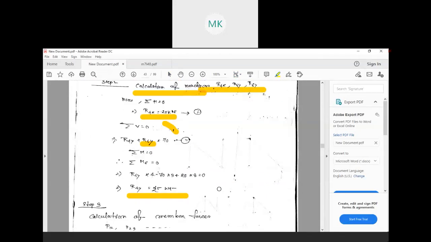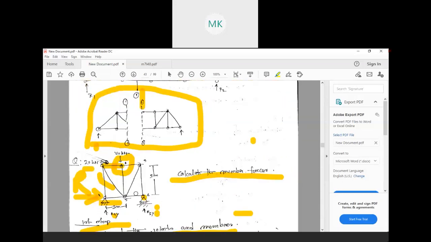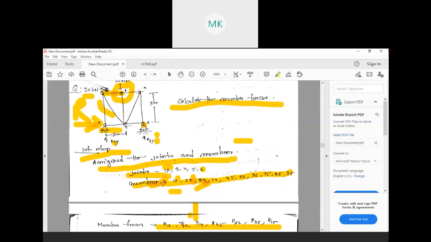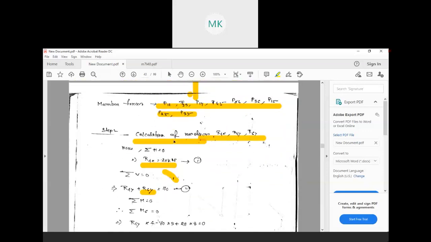For this numerical, what you need to do first, I am repeating one by one. First, we need to number all the joints, all the members and all the member forces. Our first step is numbering, because without numbering we can't solve this; it will be complicated and mixed up. After numbering, we need to find the reactions.